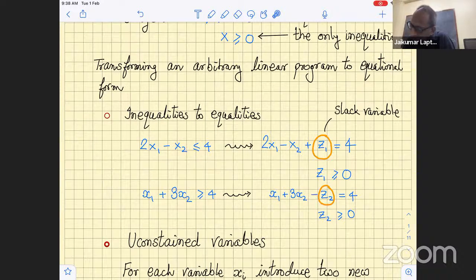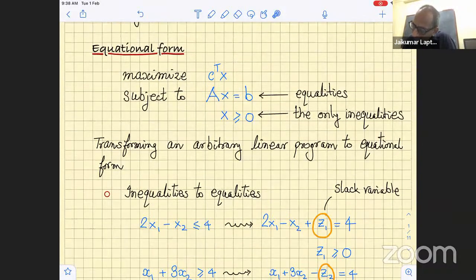So you say that this quantity reduced by some z2 must be equal to 4, and again you set z2 greater than or equal to 0. Either way, you can see that we introduce these slack variables in order to convert inequalities to equalities. So this is one transformation that we need to do in order to get the linear program into equational form.